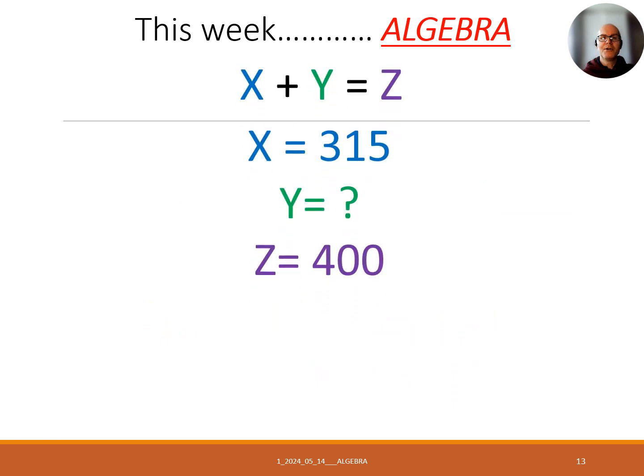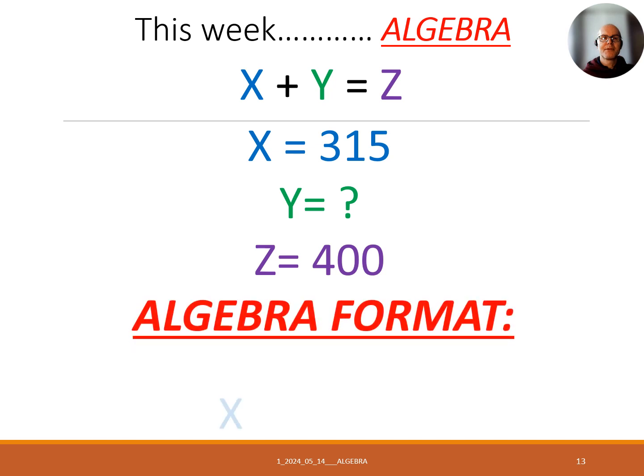What about for these numbers? X equals 315. Again, we're trying to work out what y is, and z is 400. So the format would be x plus y equals z. Substitute the figures in that we do know.